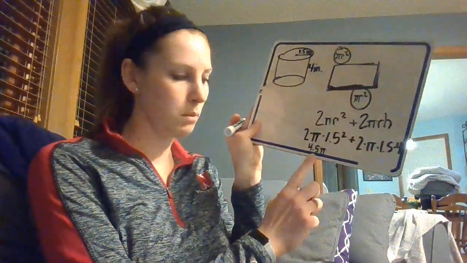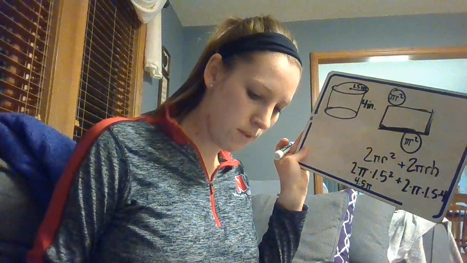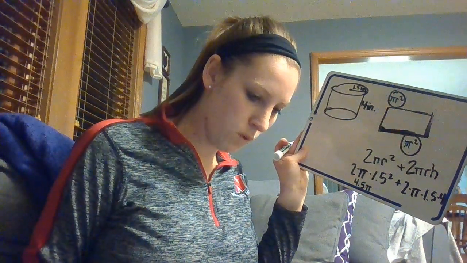And then I'm just going to pull out my calculator and start to plug and chug. I have 2 times 1.5 squared, and remember that you do need to use order of operations, so 1.5 squared times 2, that's 4.5 pi for the first part of my formula. Then 2 times 1.5 times 4 is 12 pi.